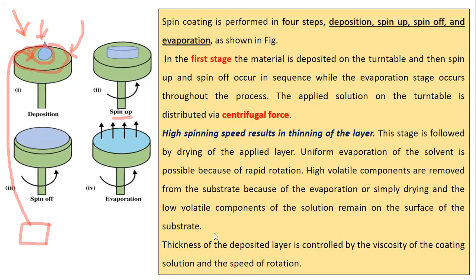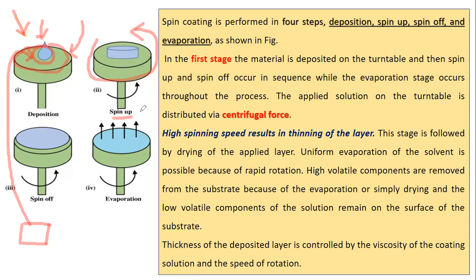Whenever the system was started, the spin coating system was rotated at a rate of 5000 or more than 5000 rpm. It means this is a tremendous speed, rotated in the anti-clockwise direction.